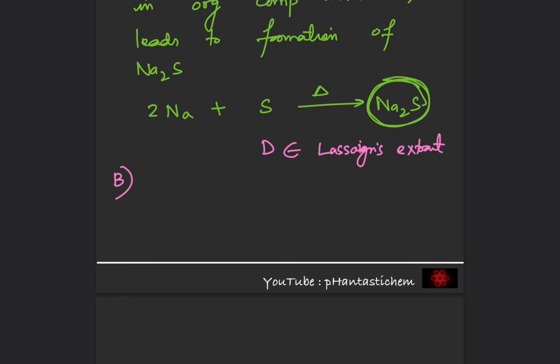And reaction B. This reaction is based on the Dumas method for estimation of nitrogen, in which we take a known mass of organic compound and heat it with excess of copper 2 oxide. The reaction can be written as C plus CuO in the presence of heat, and we get CO2 plus Cu.